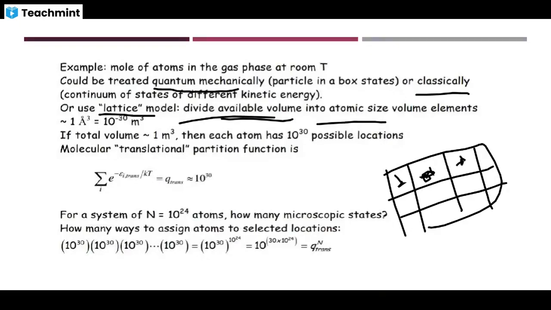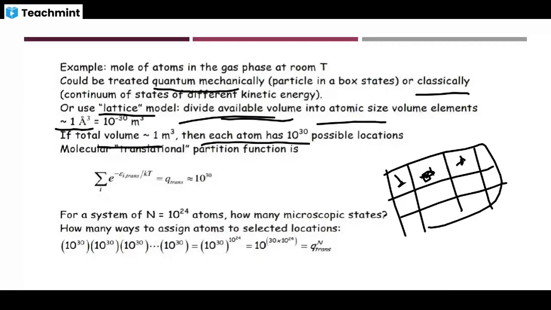If you take the whole volume as 1 meter cube, and the atoms are normally in the angstrom range, cubing 1 angstrom equals 10 to the power minus 30 meter cube. So each atom has 10 to the power 30 possible locations.